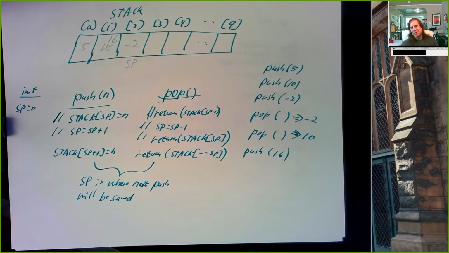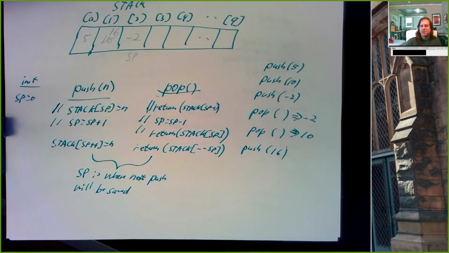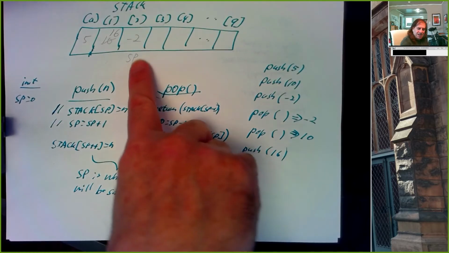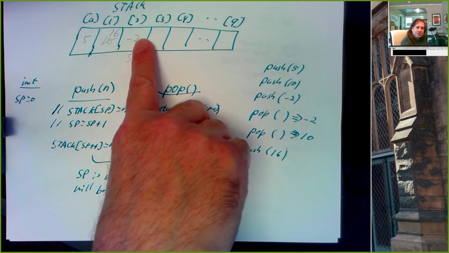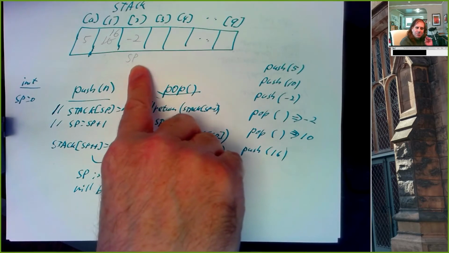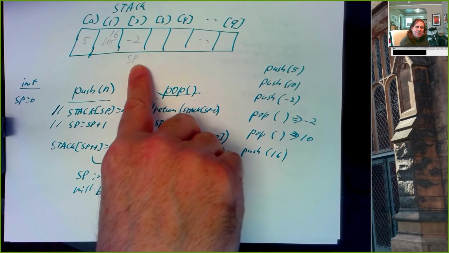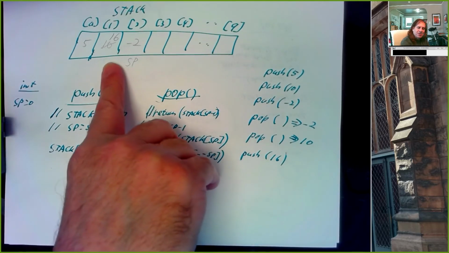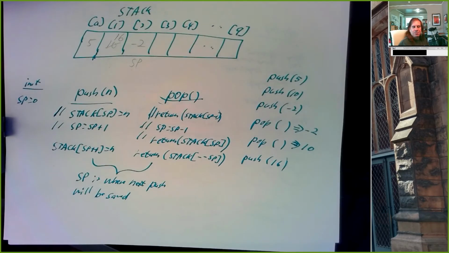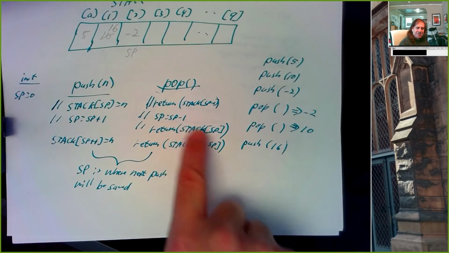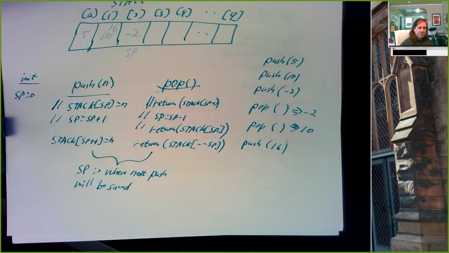That's telling us the next time we push, it's going to stay at location 0. So when we see the stack pointer is right here, that means this is where the next value is going to be pushed. So the last value that was pushed, the value that's actually on the top of the stack, is always one spot before the current stack pointer. Which is why when we want to pop, first we have to decrement the stack pointer and then return that value.